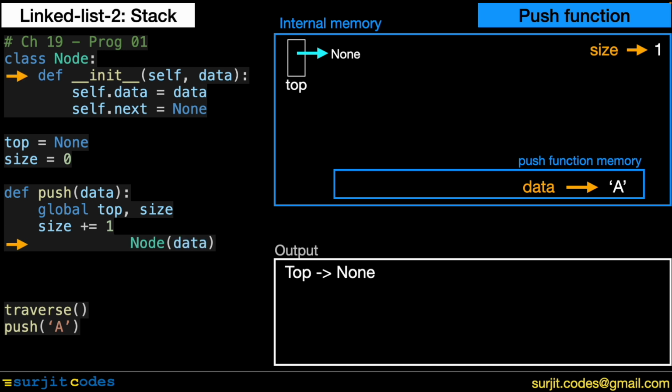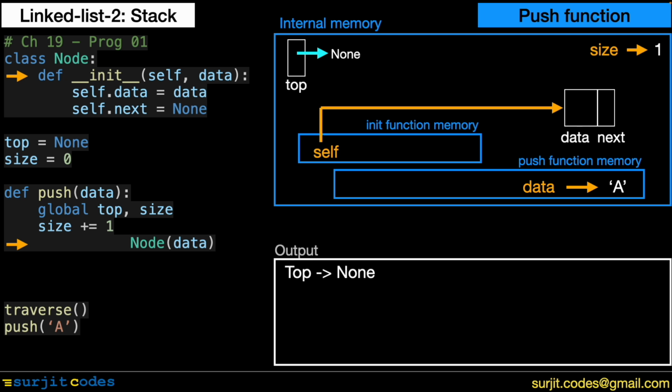The node function calls its init method to create an object of the node class. Data value of push function is passed to the data parameter of init. First statement of init passes this data to the data attribute of self. Second statement saves none in its next attribute.